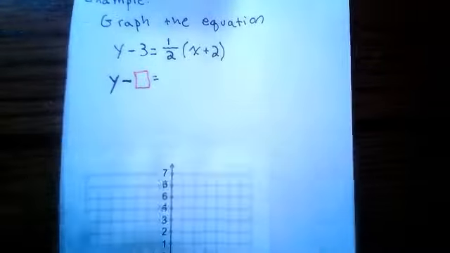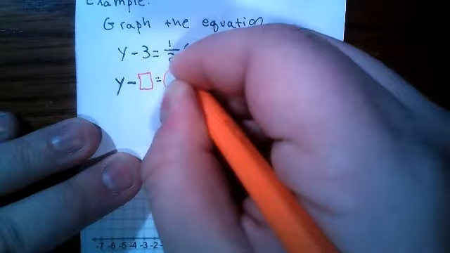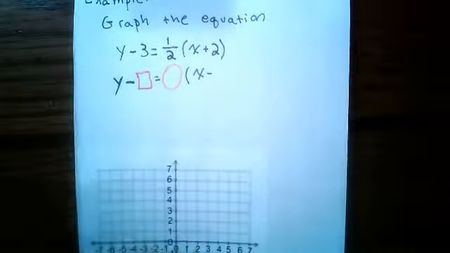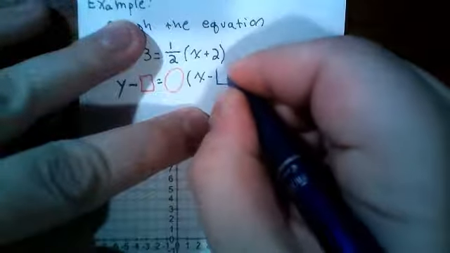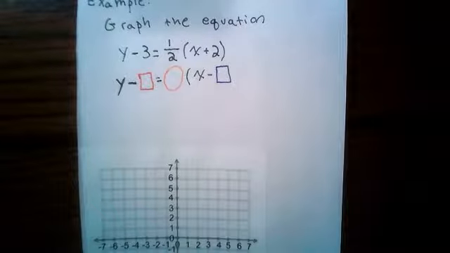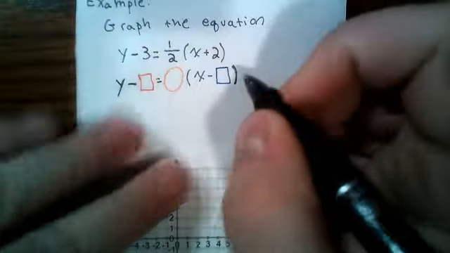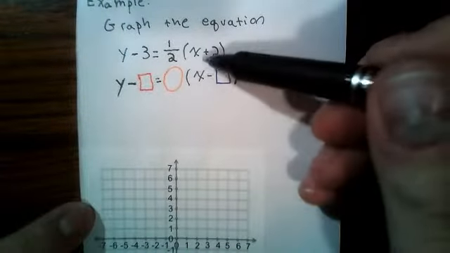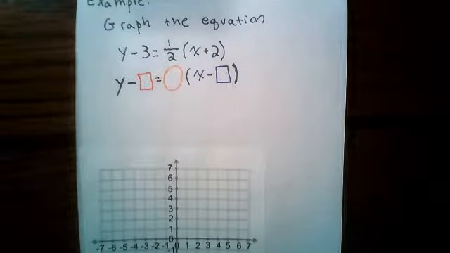So y minus y1 equals, and then m times x minus x1. So you can already see something kind of tricky is going to happen here. Right? We'll get to it.